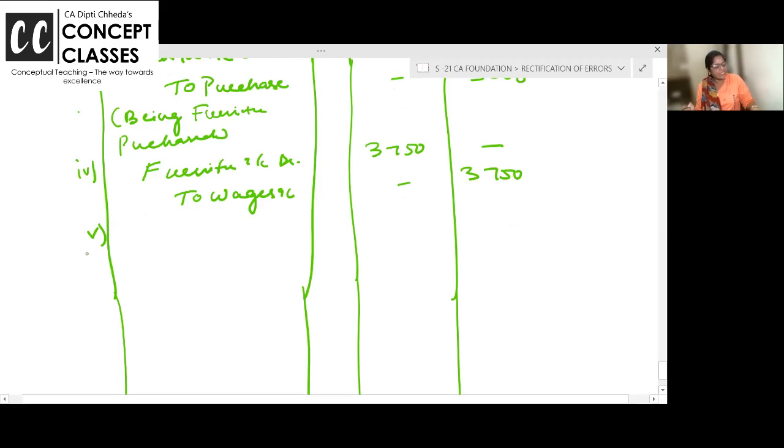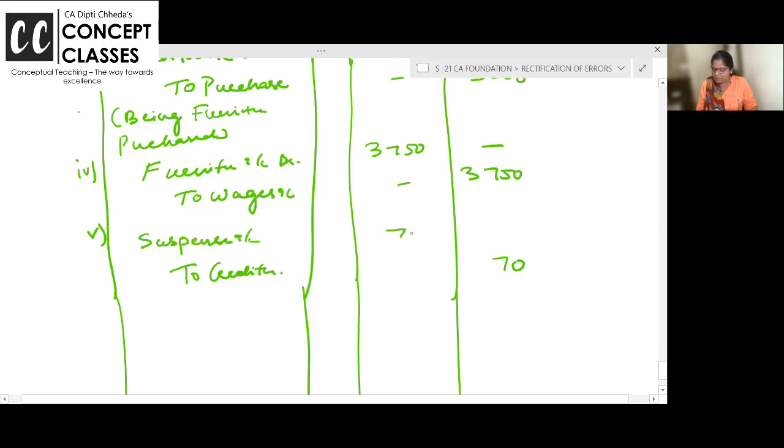A purchase of 670 was posted to creditors account as 600. What is the nature of creditors? Credit. So you credited only 600, whereas you should have done 670. So 70 rupees more you credit. And now debit, what account?